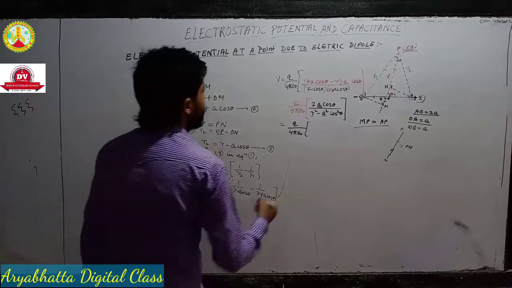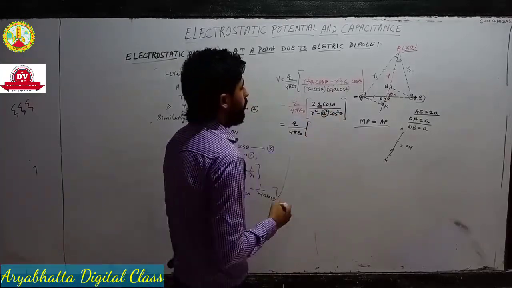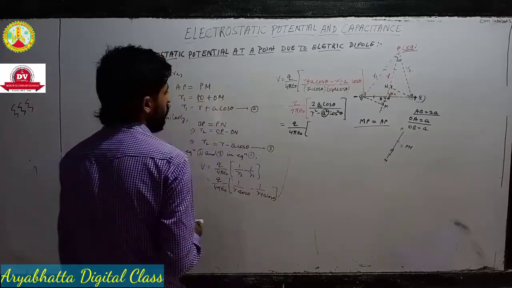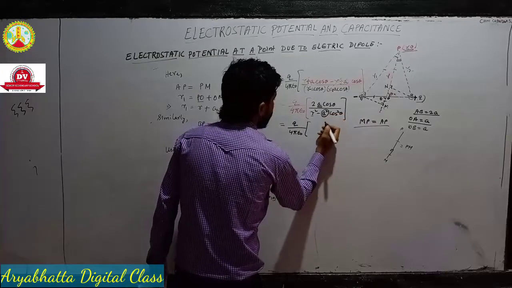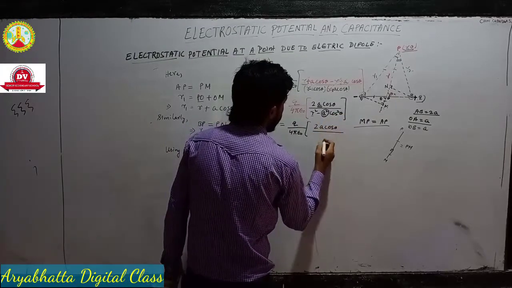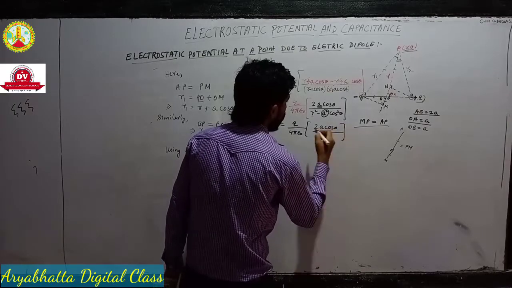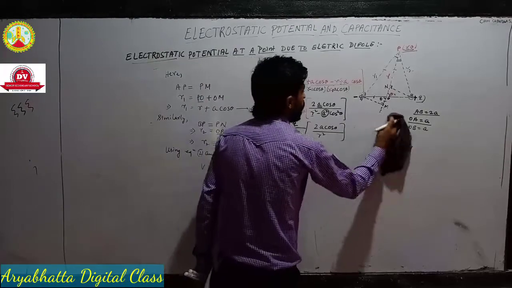So this can be neglected. So this term basically will become what? Here A square is this, right? You can see A square. So A square will become almost equal to 0, right? So I can say 2A cos of theta by R square, isn't it? Can I say or not? 2A cos of theta over R square.